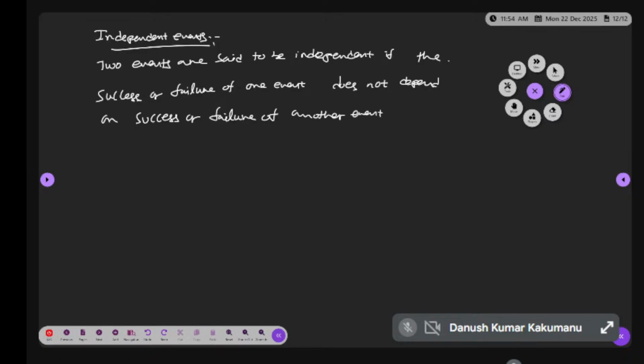Success or failure of one event does not depend on success or failure of another event. That is the definition for independent events.